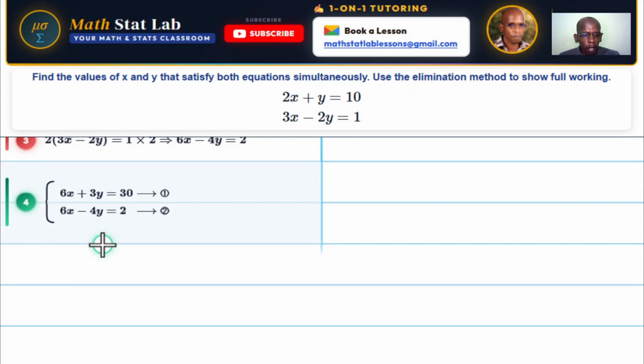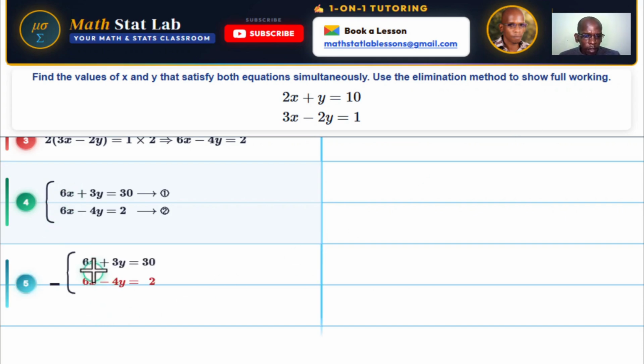So now that I have the new equations, I need to ask myself, what can I do with this x so that I eliminate it totally from the equations? You see, we have 6x in the first equation, it's positive. Also 6x in the second equation, it is positive. So if I subtract them, I take 6x minus 6x, which is 0, and I will have eliminated x from the two equations.